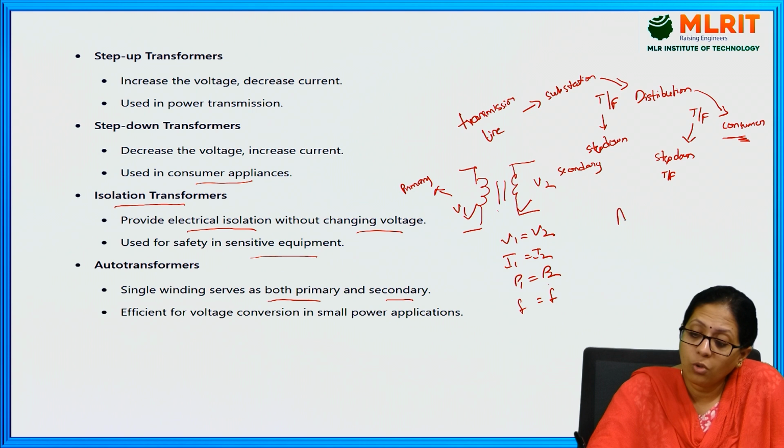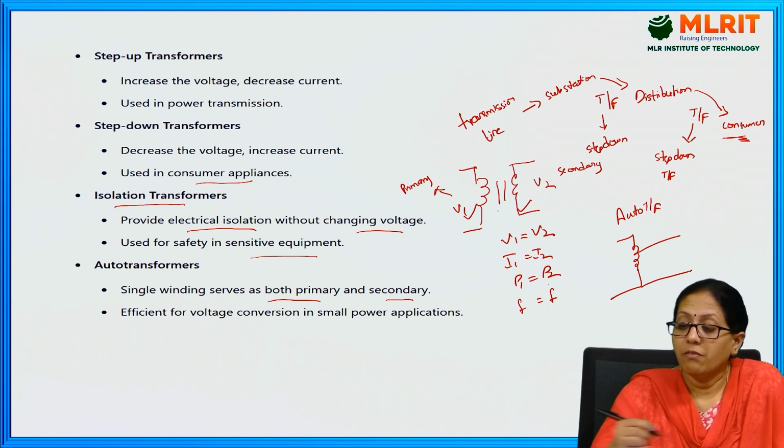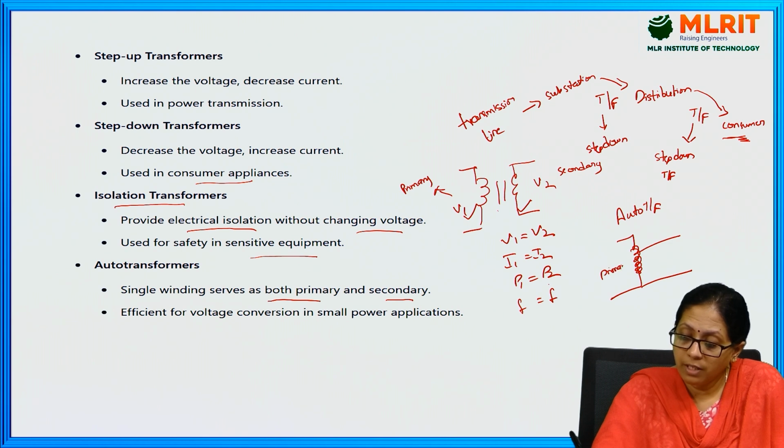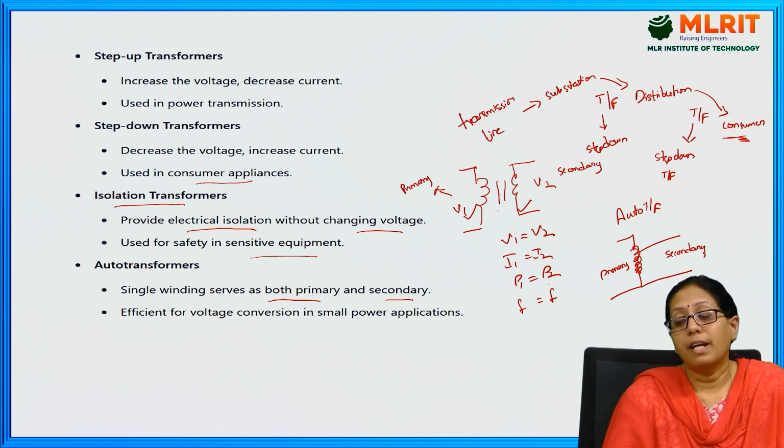But in an auto transformer, we will be using the same winding for primary as well as secondary.